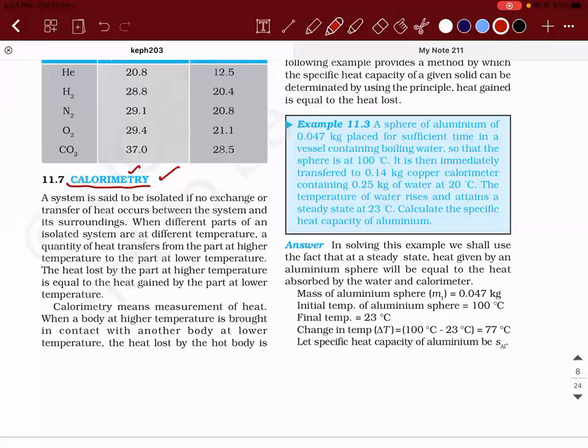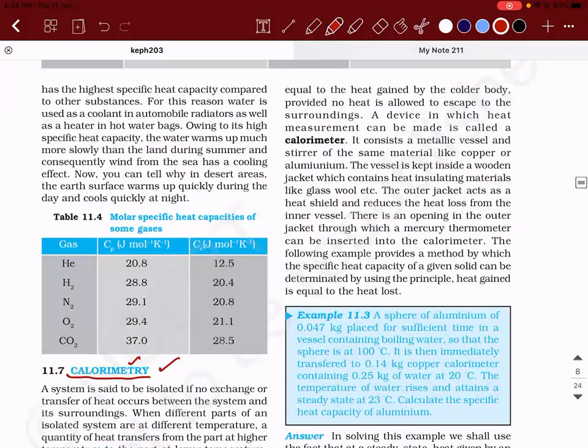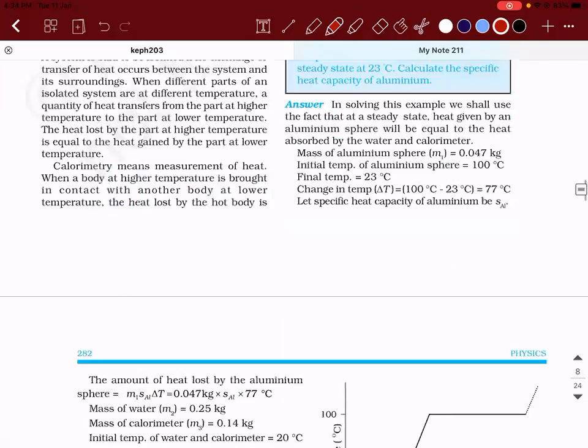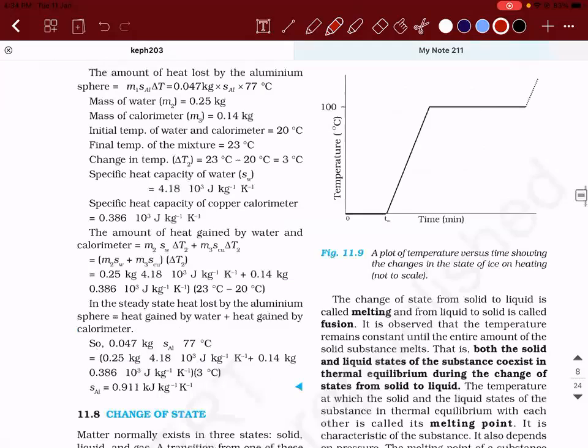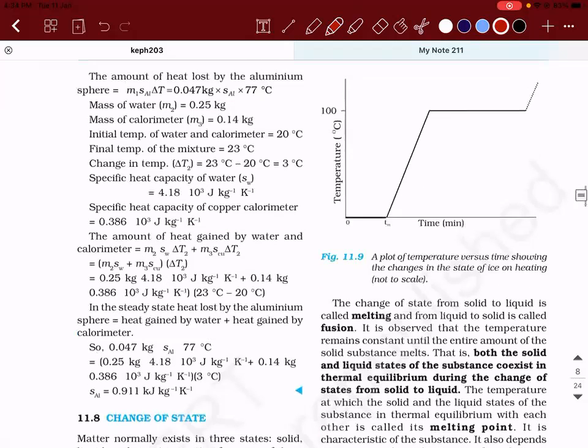And the device which is used for this kind of process is what we call a calorimeter. A device in which heat measurement can be made is what is called a calorimeter. Are you able to understand this point, guys? Yes or no?